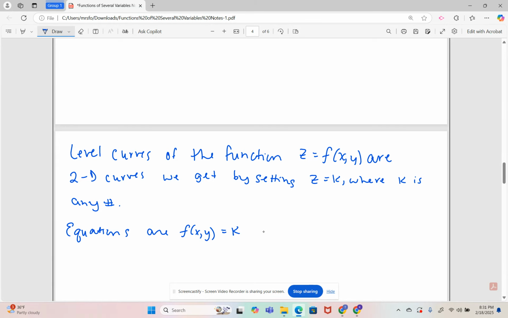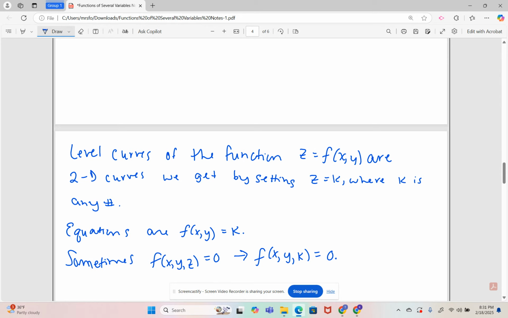Sometimes the equation will be in the form f of xyz equals 0, and in that case the equation of the level curves is f of xyk equals 0, because z is k. Remember, with equality it's is.